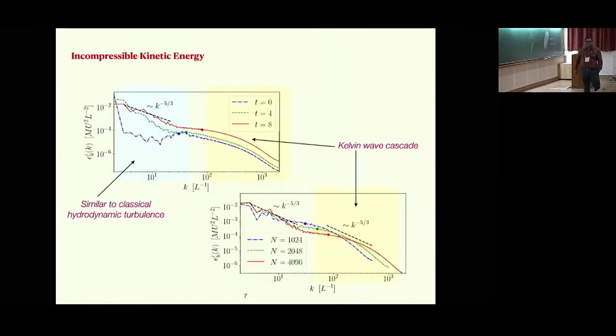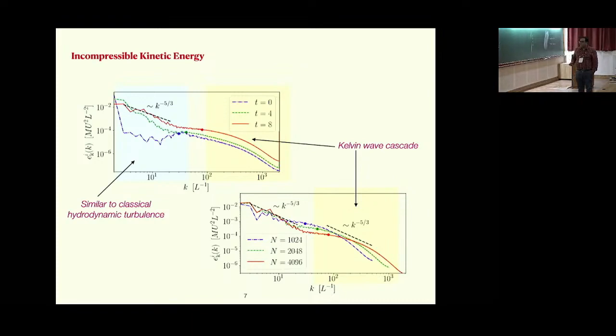Now if you look at the incompressible kinetic energy spectrum, at small wave numbers you will see a 5/3 law, which is consistent with classical turbulence. But if you go to higher wave numbers, you see the Kelvin wave cascade, associated with the Kelvin waves which Matthew was talking about.